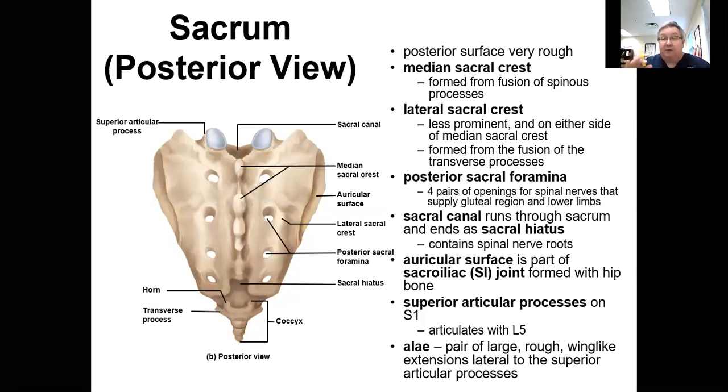The piriformis, I need you to know, has its origin on the anterior side of the sacrum. It goes from the anterior side of the sacrum to the greater trochanter, and its main job is to perform lateral rotation of the hip.